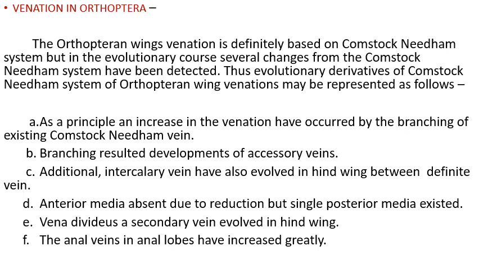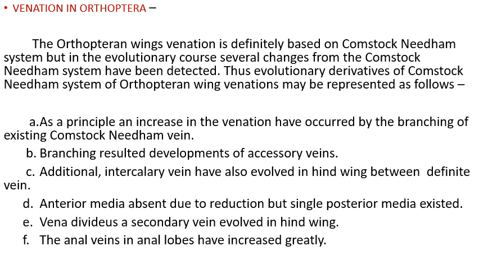But the variations we are going to consider in different groups of the insecta, like first in the Orthoptera. In the Orthoptera, how it differs from the basic Comstock and Needham concepts is probably a result of the evolutionary process. The major variations, as a principle, and increase in the venation have occurred by the branching of existing Comstock and Needham veins.